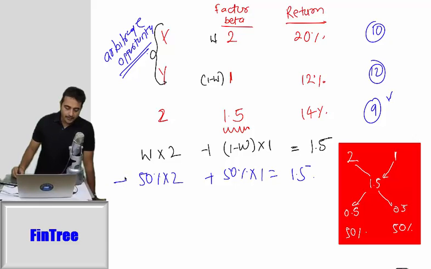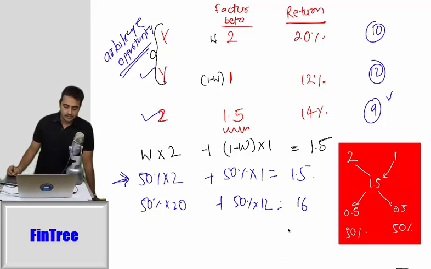Now we have been able to construct a portfolio which has the same risk exposure as portfolio Z, but let's see how much return we will get. So again, a weighted average, 50% into 20 plus 50% into 12. So we will get 16. Whereas Z gives you how much? 14. So what is the arbitrage strategy?